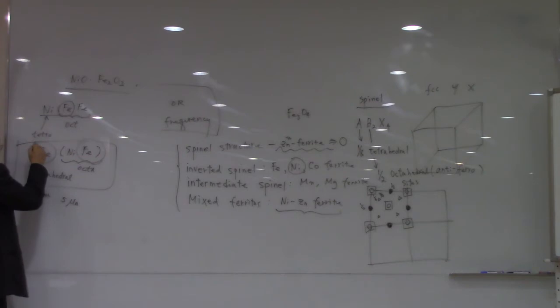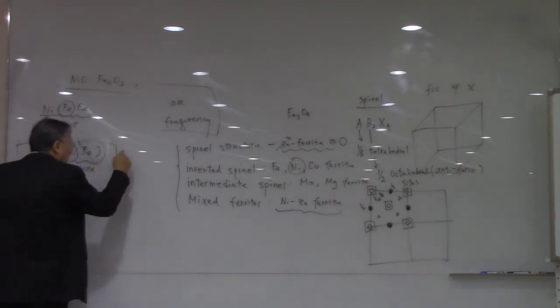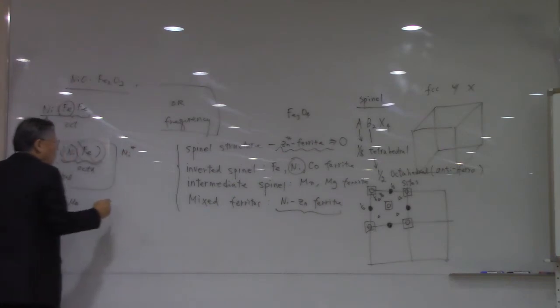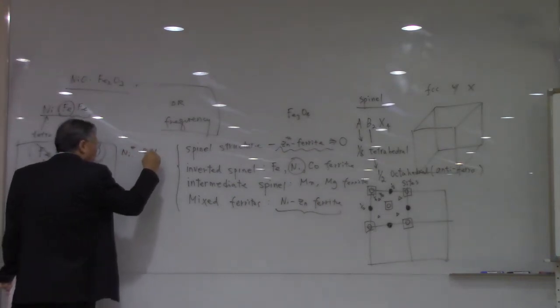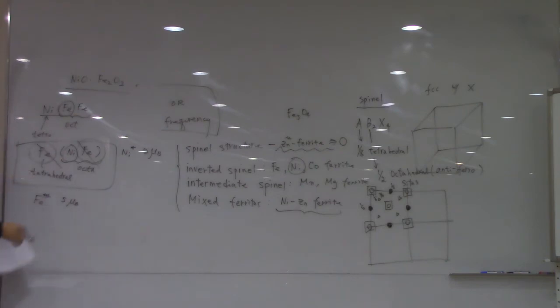So the magnetic moment of this Fe and this Fe is going to be canceled. So net in this material, it has nickel 2+, which is 2 Bohr magneton. So the net of this nickel ferrite shows the magnetic moment of 2.